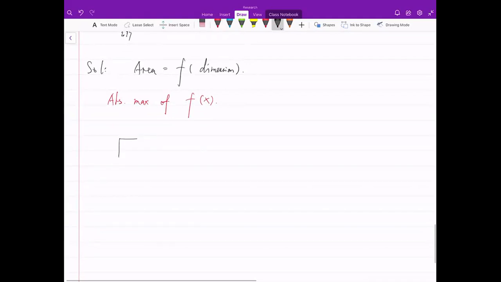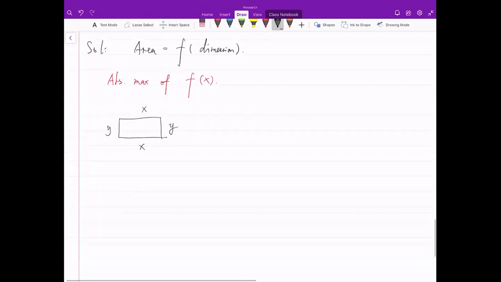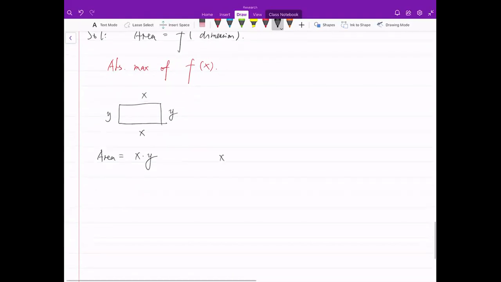You're talking about the dimension of a rectangle. So basically, it's just the width and the length. We don't know what they are. But once you know, the area is nothing but x times y. Of course, you can't do it. You have two variables. But then you realize x and y has a relationship.